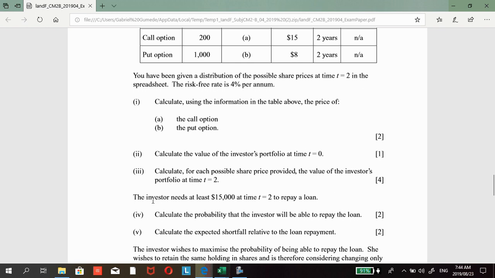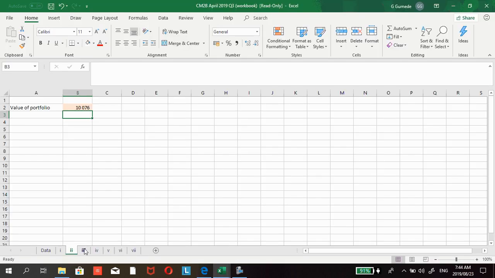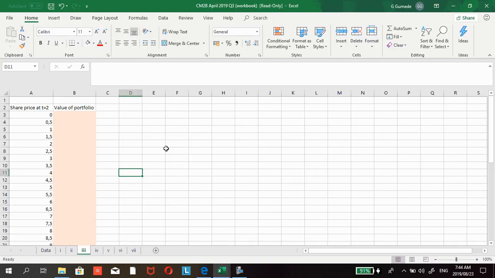Okay, let's read the third part of the question. Now, the third part of the question says calculate for each possible share price provided the value of the investor's portfolio. We're looking for the value of the investor's portfolio at time 2. Okay, let me go and see here what the examiner gave me.